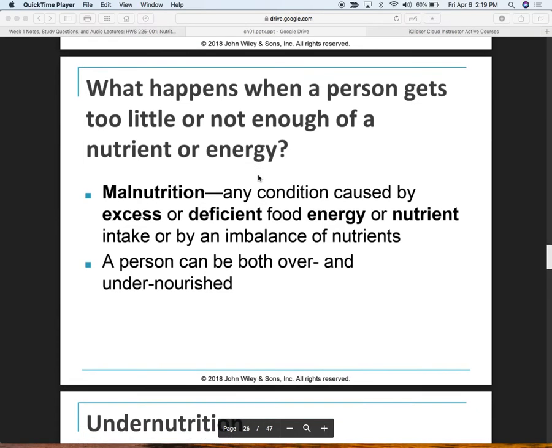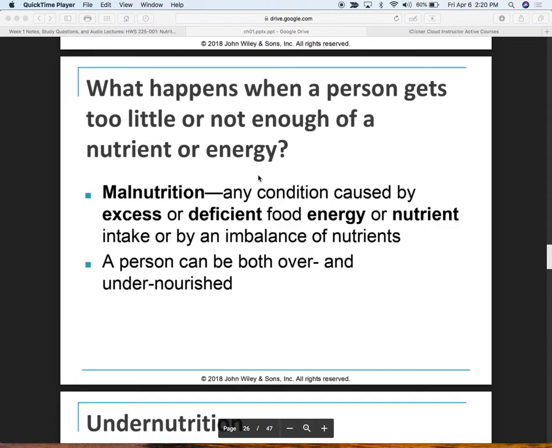Now, what happens when a person gets too little or not enough of a nutrient or energy? And again, we're going to talk more about the specifics. So if you're deficient, say, specifically in vitamin C, then you're at risk for developing a disease called scurvy. I don't even know if you've ever heard of scurvy because it's basically non-existent in the developed world because we all get plenty of vitamin C to prevent scurvy.